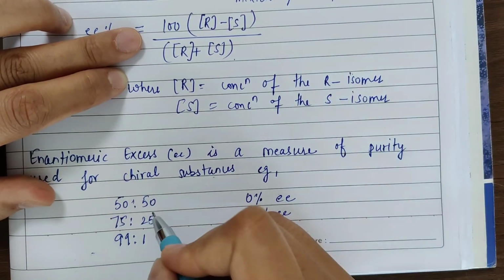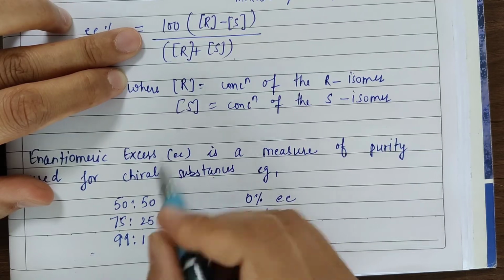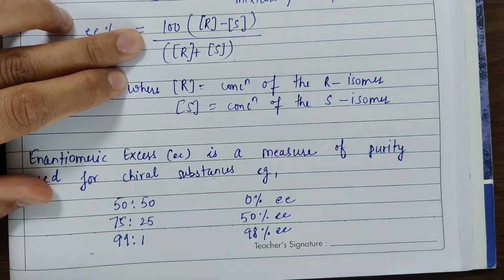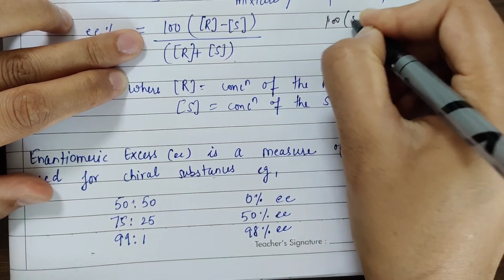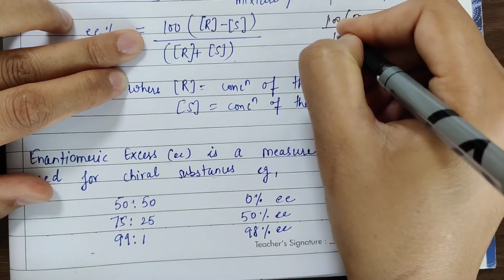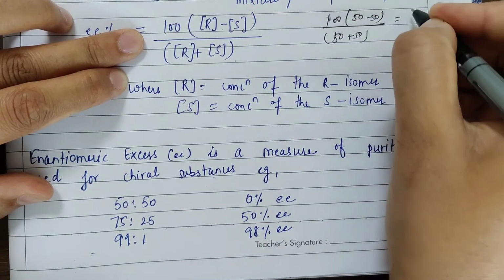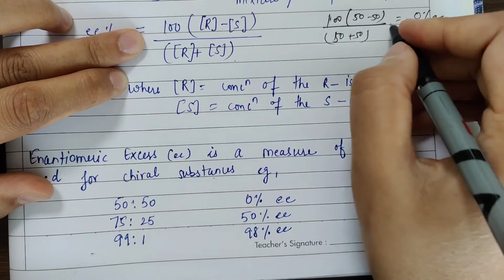If we have 50% of both enantiomers, then using this formula we can do 100 times 50 minus 50 divided by 50 plus 50. Okay, so this will give us 0. So 0% enantiomeric excess.